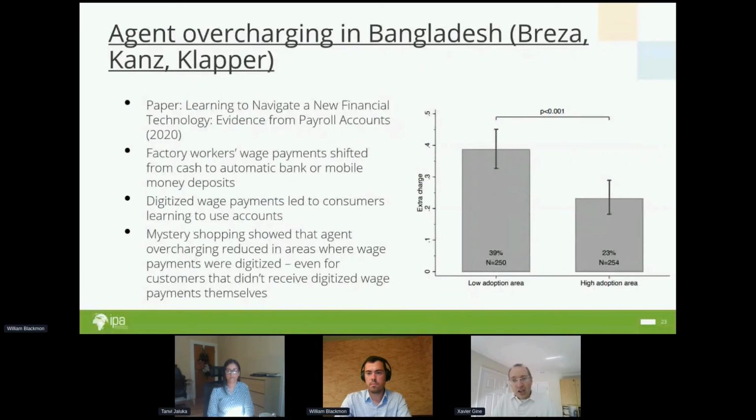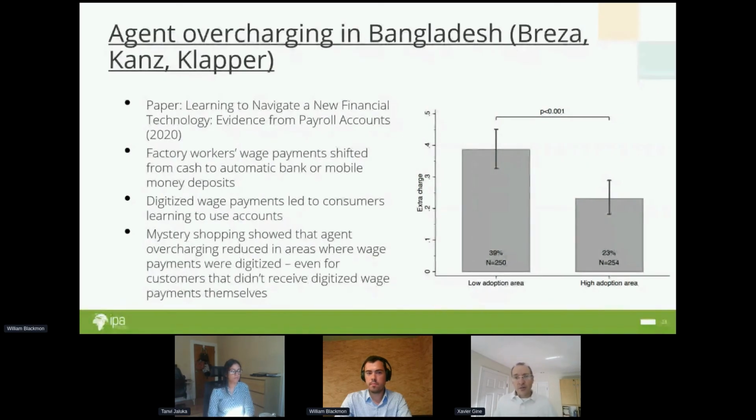What you find is that agents near these factories actually charge less for any sort of transaction, whether these guys were experienced or also non-experienced individuals, right?